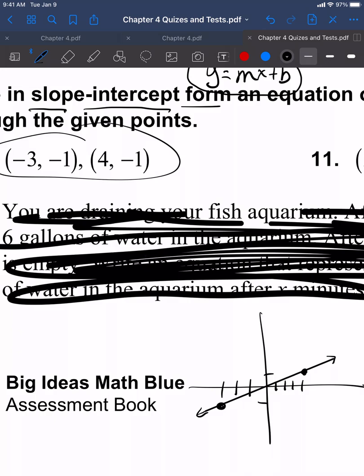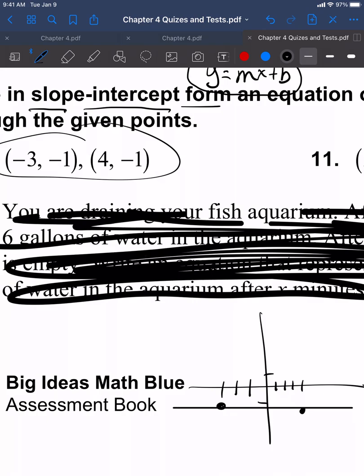Where is it touching the y-intercept? Oh, thank you, Ben. I'm glad you caught that. It's over 4, down 1. That changes everything.